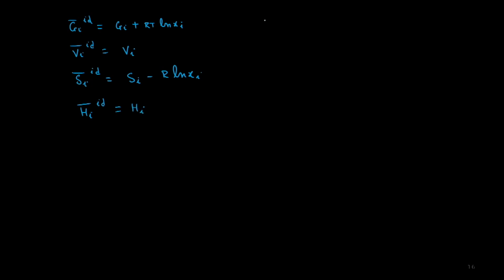Now we can also write the property changes upon mixing. Delta H mixing for an ideal solution will be equal to 0 because it is H minus sigma xi Hi. Similarly, delta V mixing for an ideal solution will also be equal to 0.